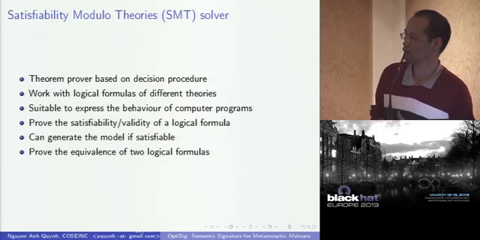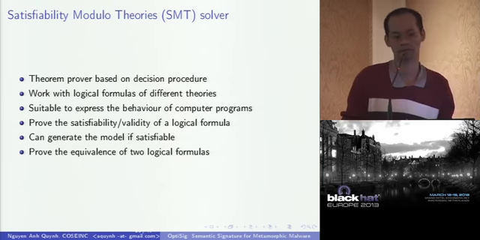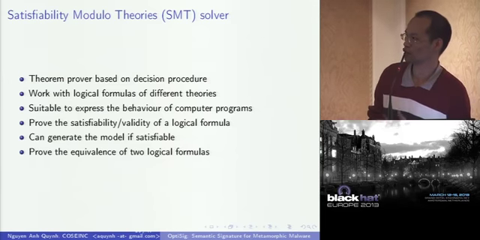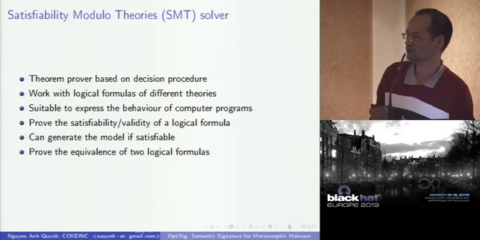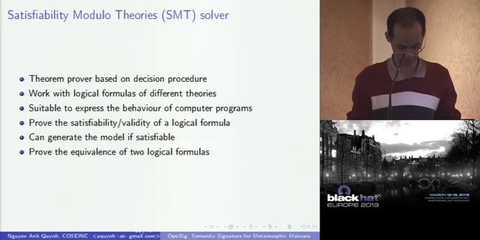It is very suitable because it can express the behavior of computer programs, and it can prove whether a logical formula is satisfiable or valid. And this one is important: the SMT solver can prove the equivalence of two logical formulas. And that's why we need it.